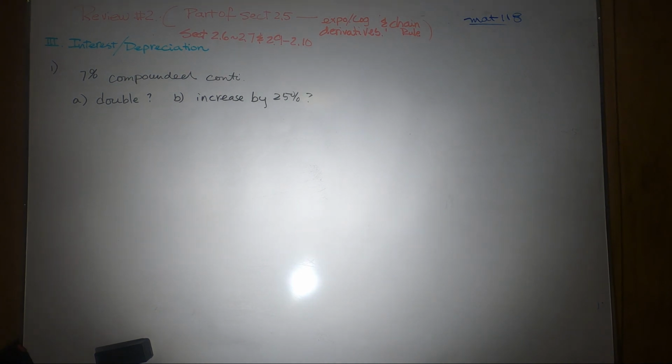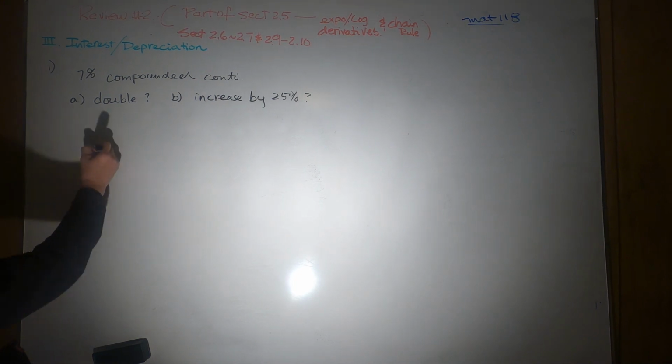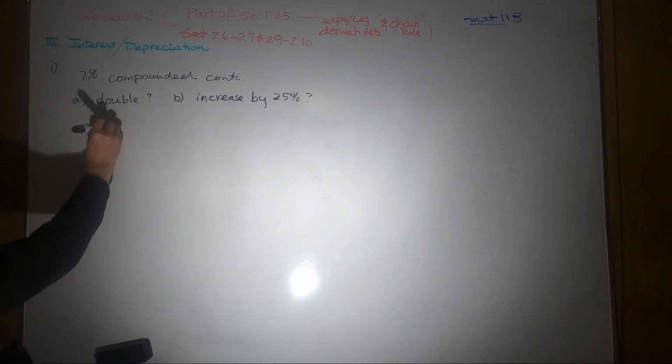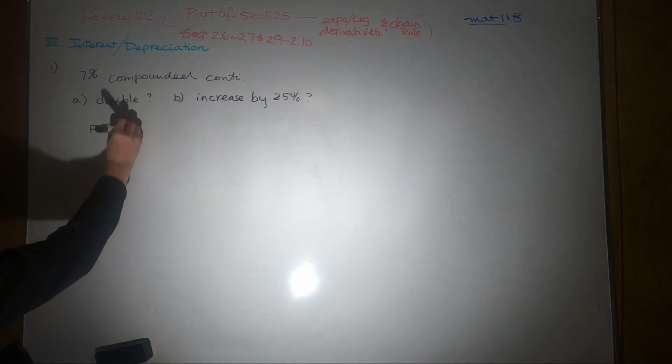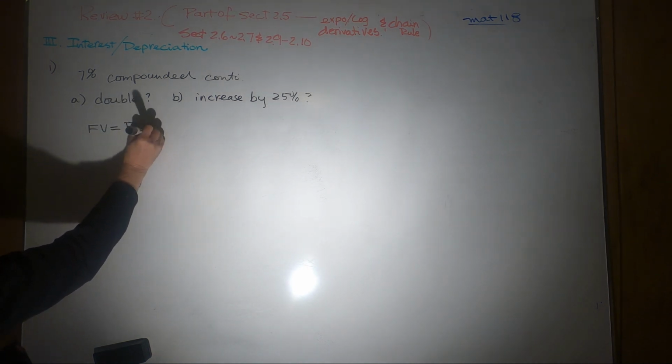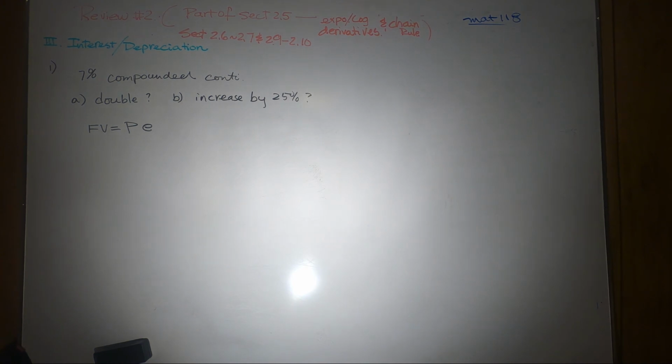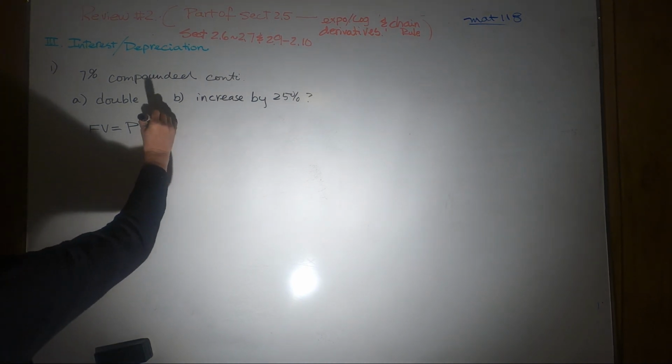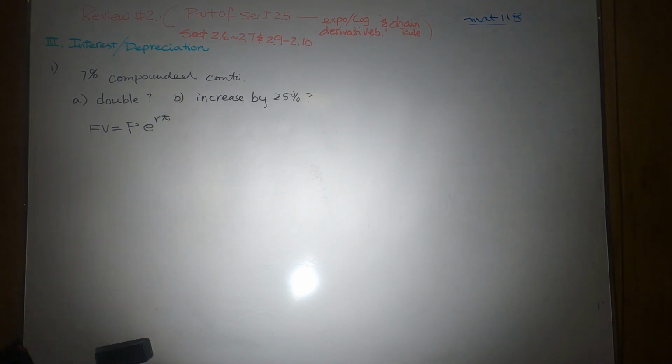If the account grows at 7% per year, compounded continuously, remember your formula for compounding continuously? The formula is what? FV, future value, equals present value times e to the rt, using the exponential equation, right?